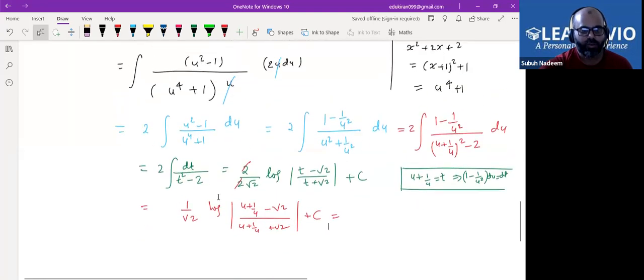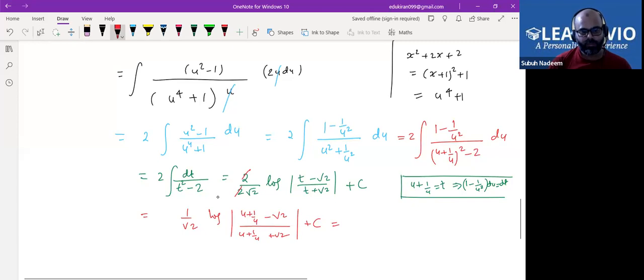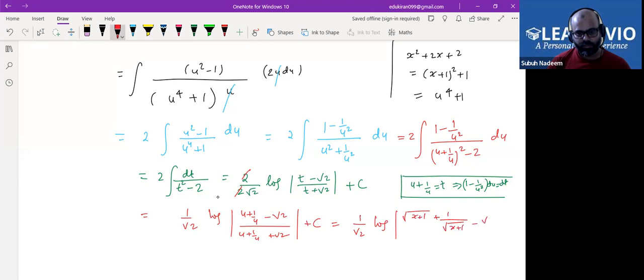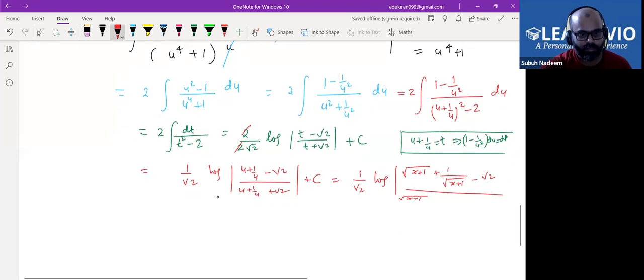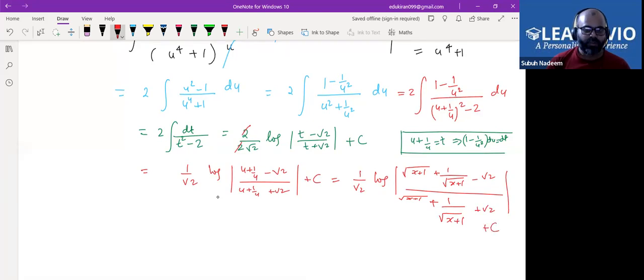So u was root over x plus 1. This is what we will get.